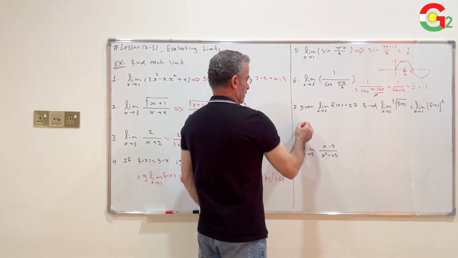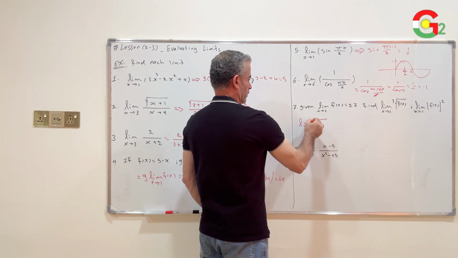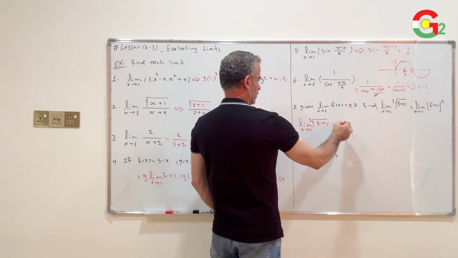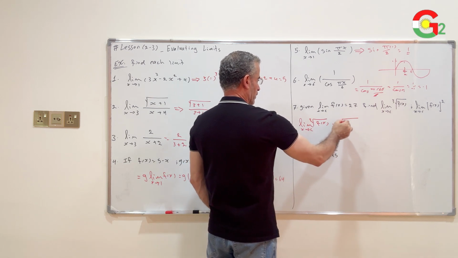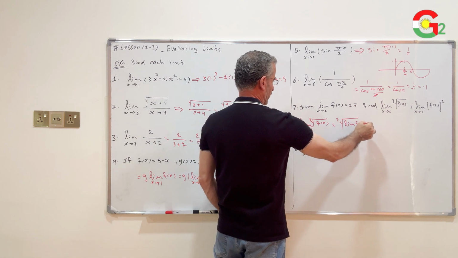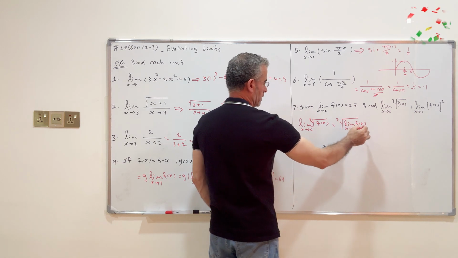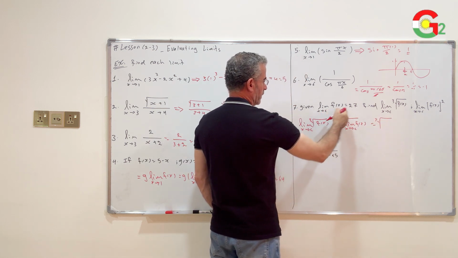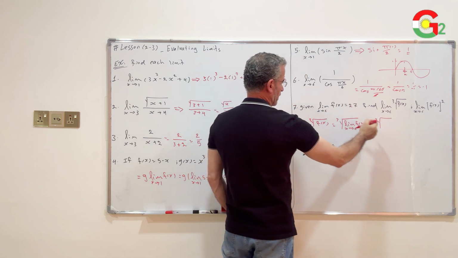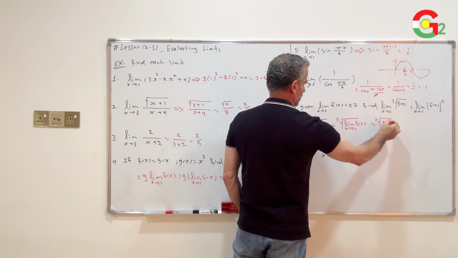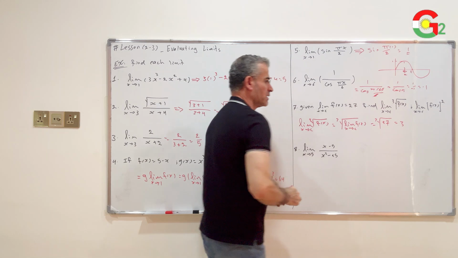Then the limit of the cube root of f of x when x approaches c equals the cube root of the limit of f of x when x approaches c, which equals the cube root of 27. Since the limit of f of x when x approaches c is 27, the answer is 3.